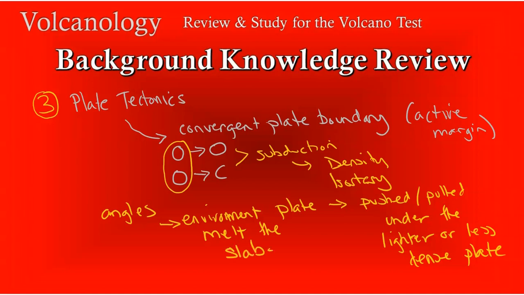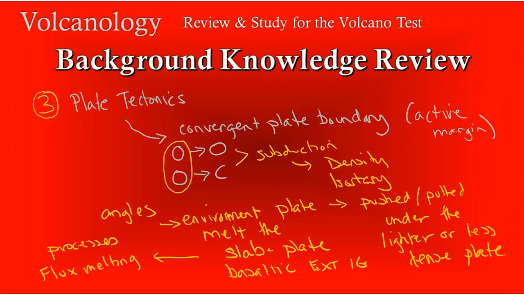The slab, which is the plate that's subducting, is oceanic, mostly basaltic, extrusive igneous rock, and it's going to melt. This is done through various processes, but mainly through what's called flux melting, which is the addition of volatiles. You add water and other dissolved gases and hydrous minerals, and you lower the melting point of the rock, mostly the continental or oceanic rock that's floating above.